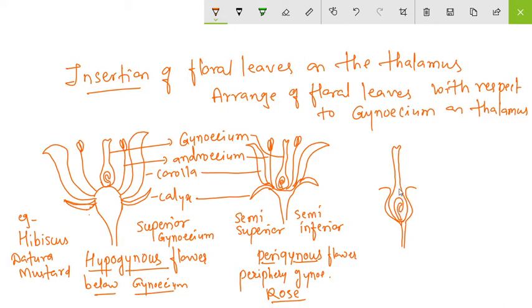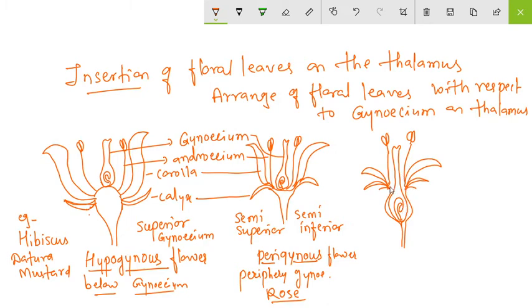So the gynoecium is at the lower position, and above this is the calyx, then corolla, then androecium and the gynoecium.